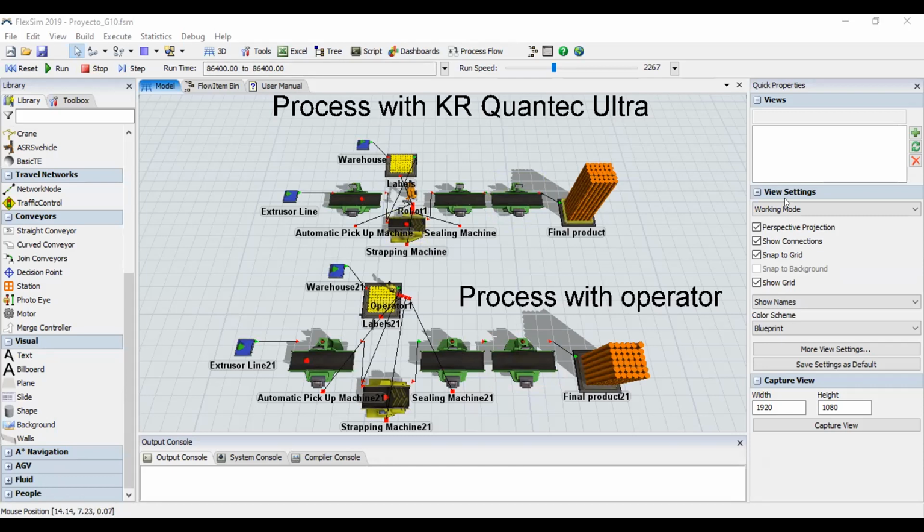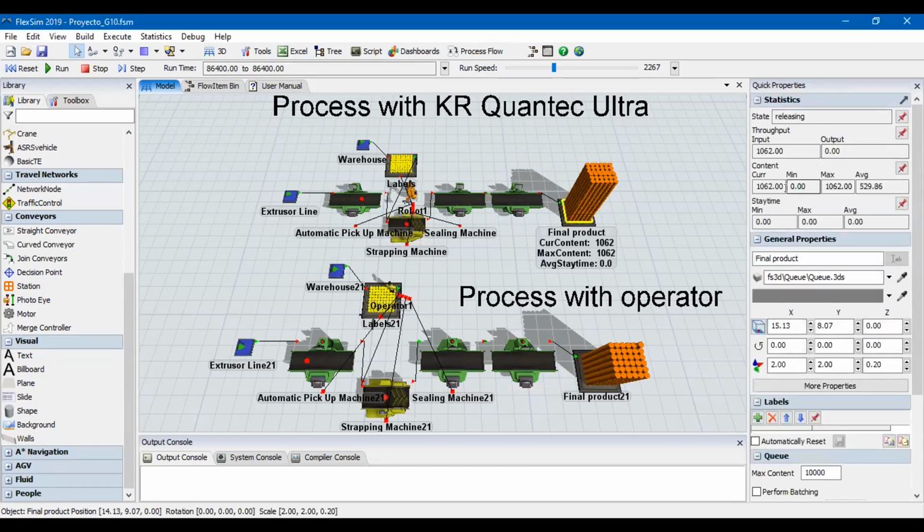Results are as shown before, that we obtained 1062 at the end of 24 hours of simulation, and the process with operator is 937 units.